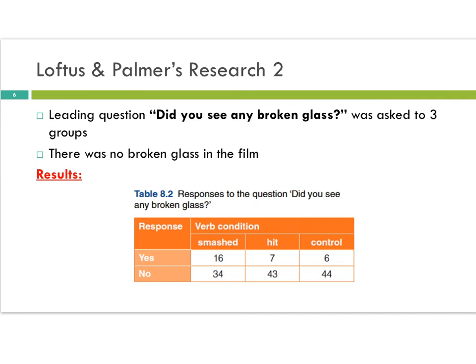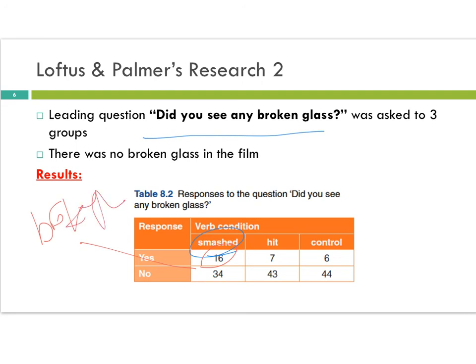In the second experiment, they asked the same participants a week later, did you see any broken glass? There was no broken glass in the film, but participants in the group that had the more intense verb like smashed were more likely to perceive there to be broken glass, when in fact there was none.